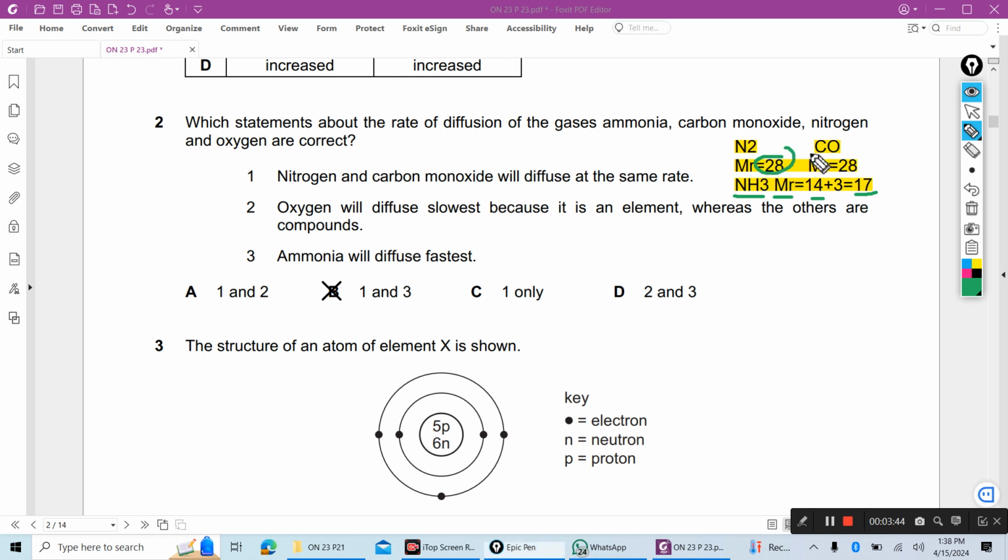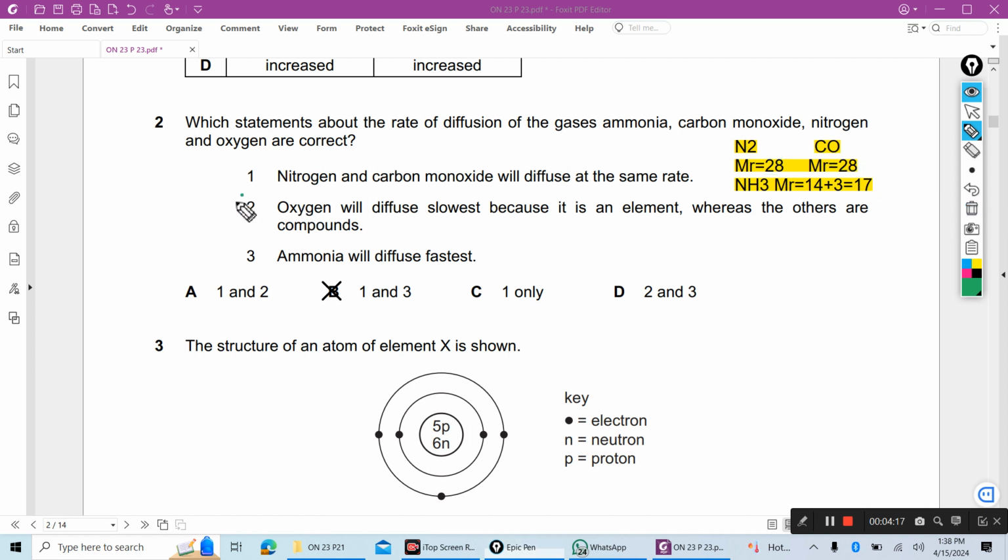Nitrogen 28, carbon monoxide 28, oxygen O2 16 times 2, 32 relative molecular mass. So ammonia will diffuse first. Why? Because the ammonia molecule has the lowest relative molecular mass.